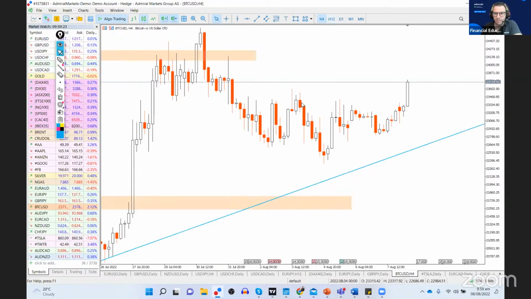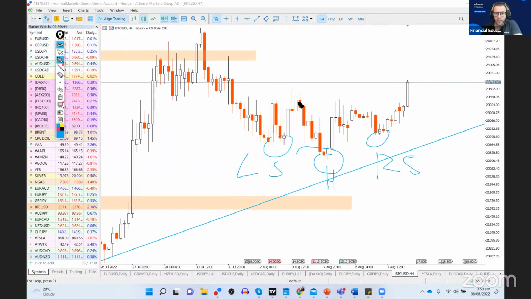We had some kind of inverse head and shoulders. If you watched my last webinar about the reversal patterns, this is an inverse head and shoulders pattern on the 4-hour chart, and it's a major reversal. So we have this head, this left shoulder, and here is the right shoulder, and we have this neckline here.